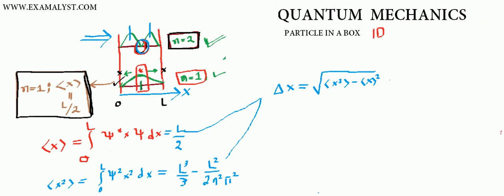When you put the values, you'll get the uncertainty in delta x as L coming outside, and inside you will have the root of 1 divided by 12 minus, see, these are easy mathematics that you can do yourself, 1 by 2 pi square.